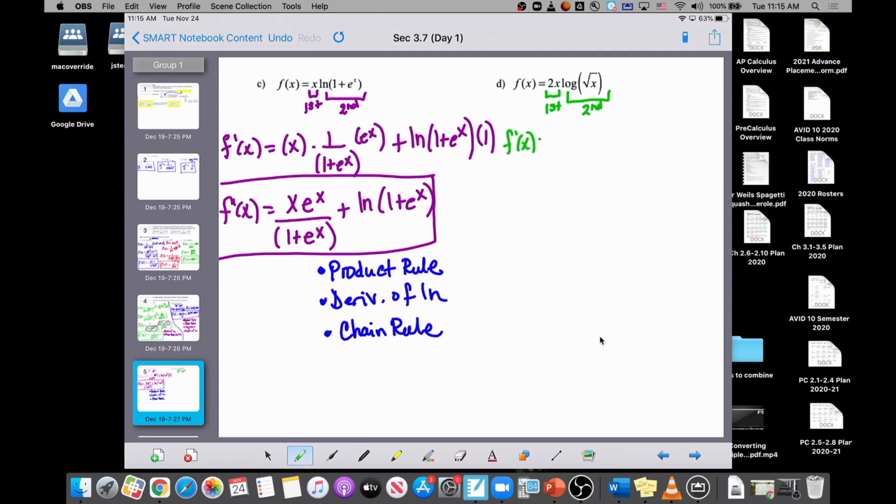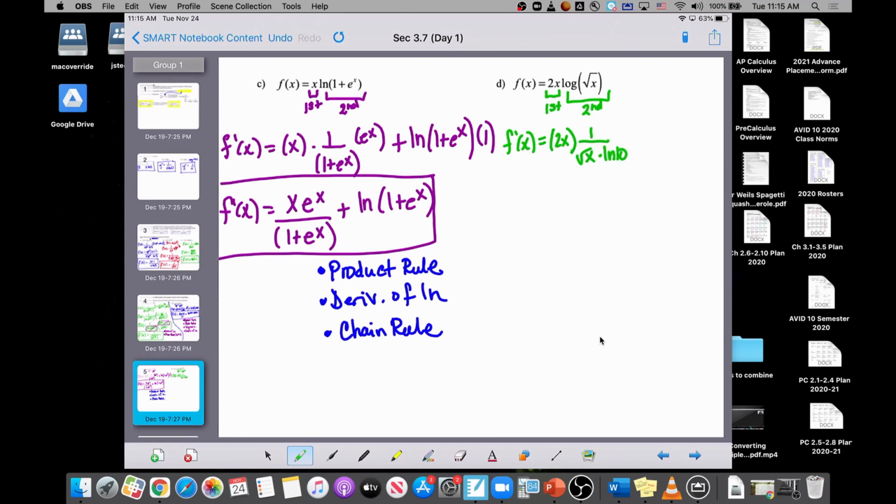So our f prime of x, again, beginning with the product rule, first d second, so 2x, derivative of log of the square root of x is going to be 1 over the stuff, so 1 over the square root of x. Now this time we don't have a natural log, so we have to multiply by ln of the base, so ln 10.